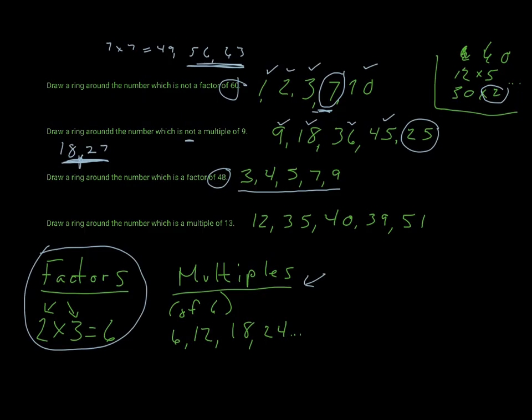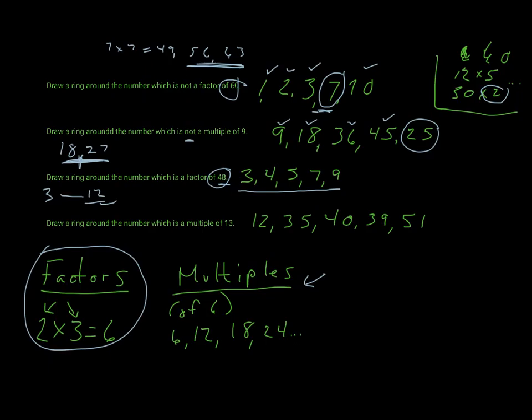Does 48 come in the 3 times table? If you are thinking very carefully, the 3 times table goes from 3 times 0 to 3 times 12, but 48 might be further along than that. It might be 3 times 13 or 3 times 14. So you have to be very careful and check all the possible numbers.